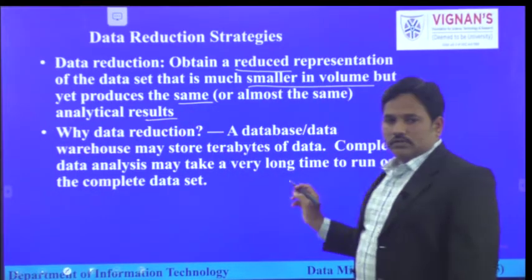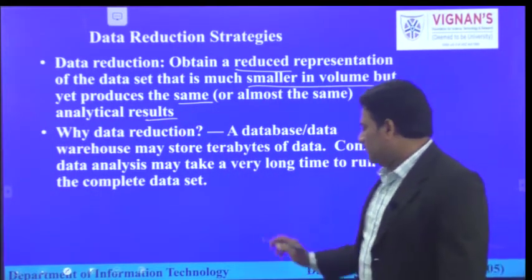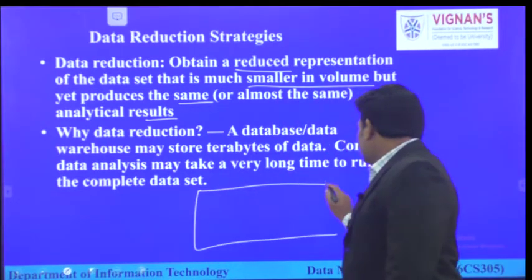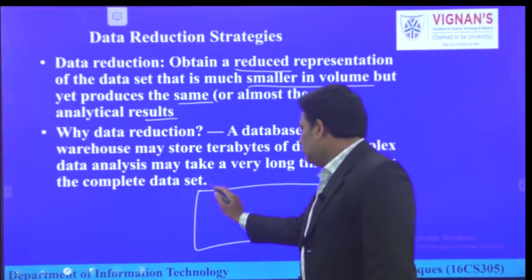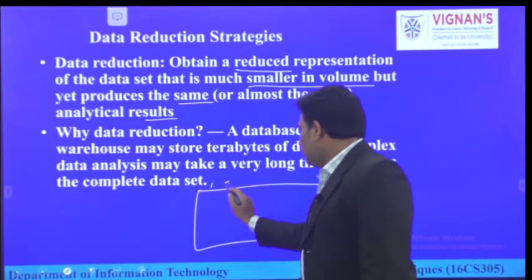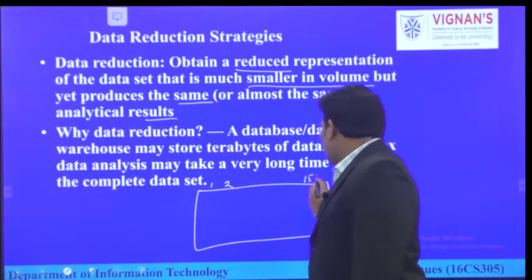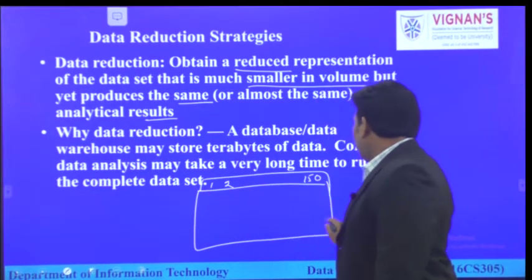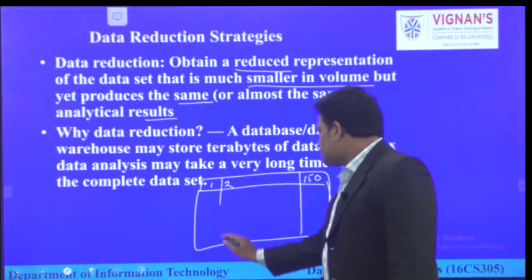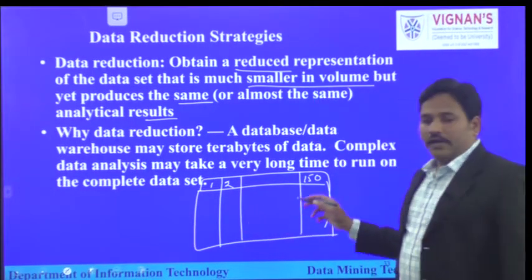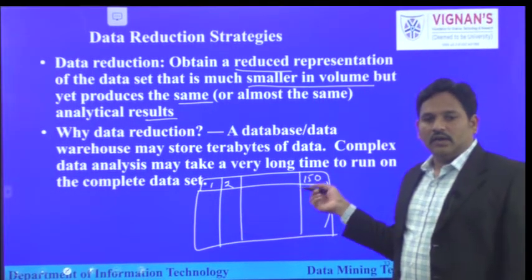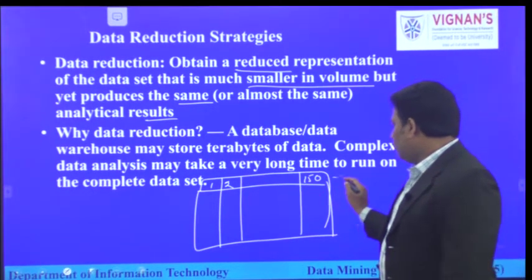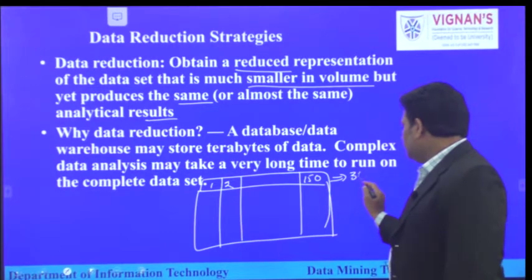Let us take one generalized small example. Let us take a data set with 100 or more attributes, say 150 dimensions. Among these dimensions, we try to reduce some of the irrelevant or unwanted ones. Let us assume we reduce this 150 count to 30.